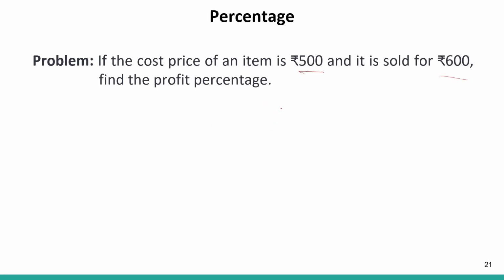So profit percentage means the profit increase, or okay, so profit percentage is equal to the change in value, that is 100, by the original price, that is 500, into 100. Okay, so 1 by 5, 20. So is equal to 20% increase.